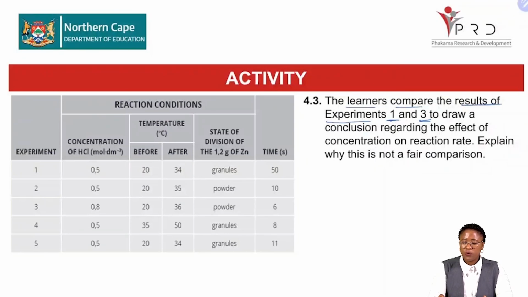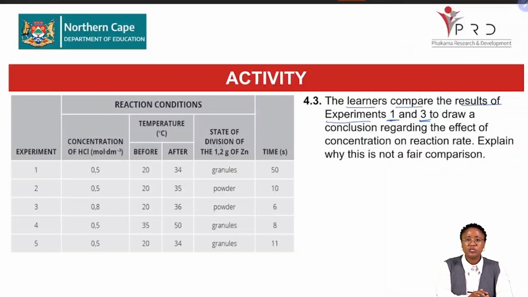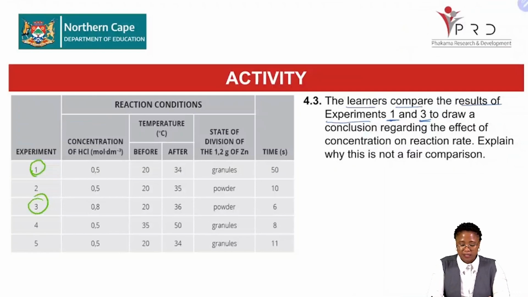The question says, the learners compare the results of experiment 1 and 3 to draw a conclusion regarding the effect of concentration on the reaction rate. Explain why this is not a fair comparison.